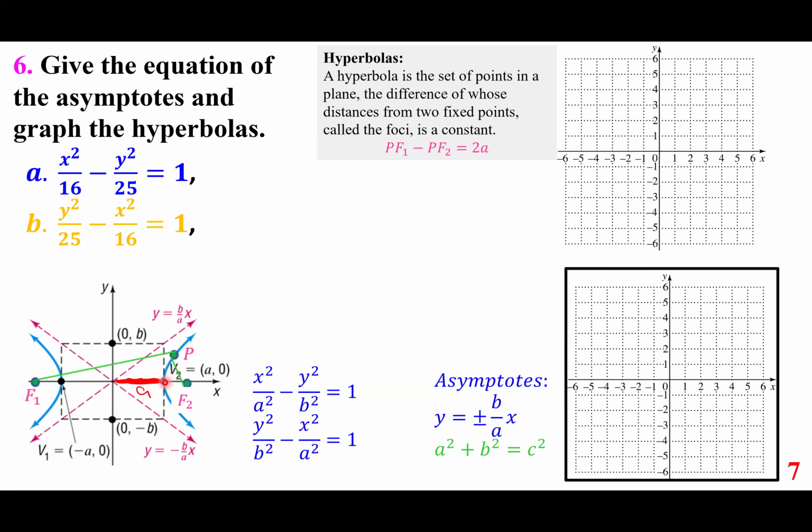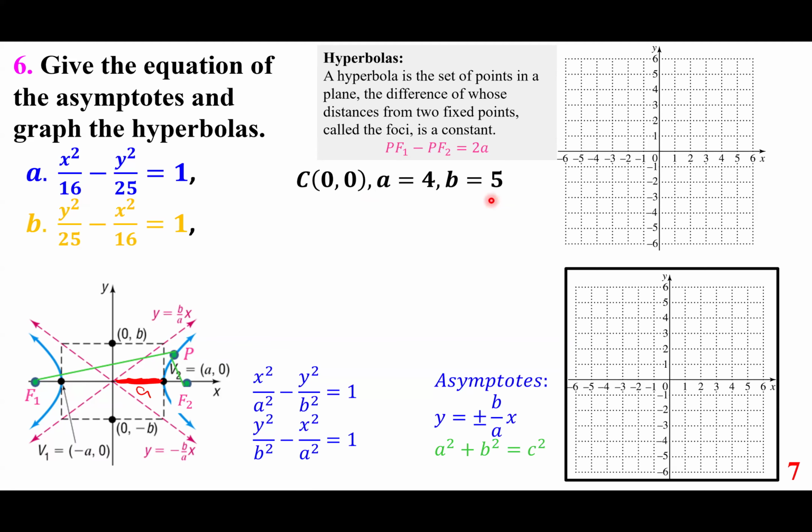So if you pick P to be here, the distance from here to here minus the distance from here to here becomes this, which is 2a. That's easy to prove in any event. So what happens in both cases, centered at 0, 0: a equals 4, b equals 5. So whether we go with this or that makes no difference. This part is identical.